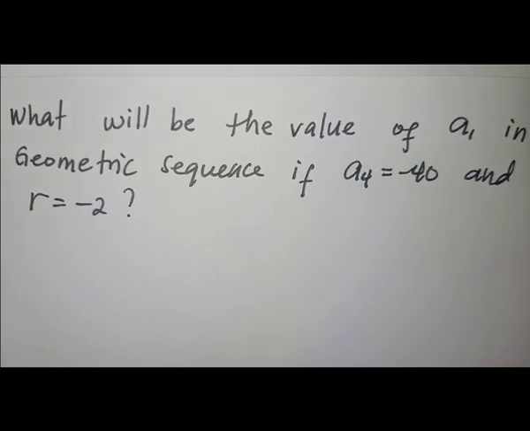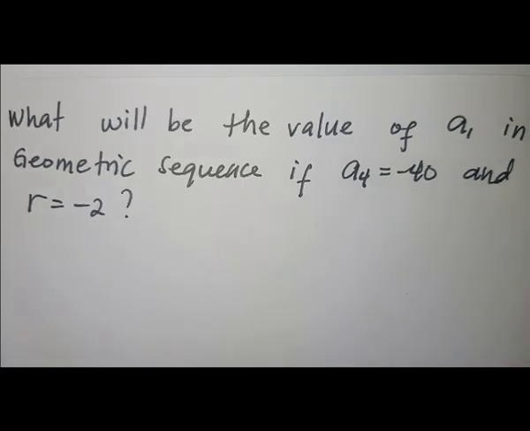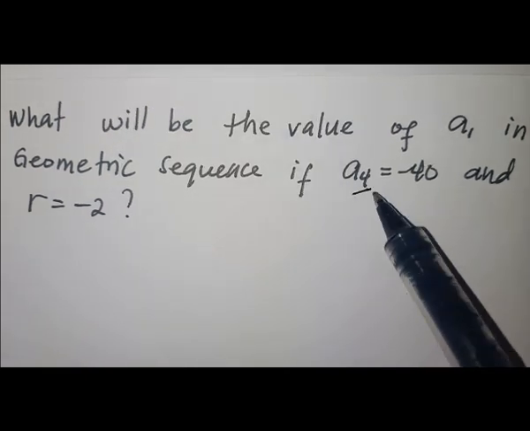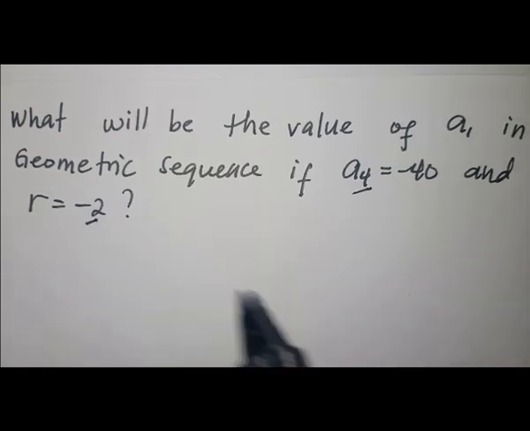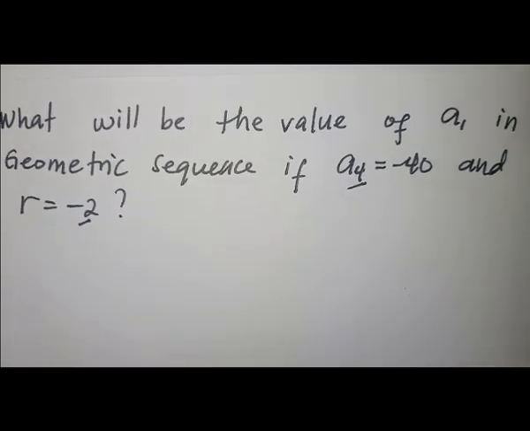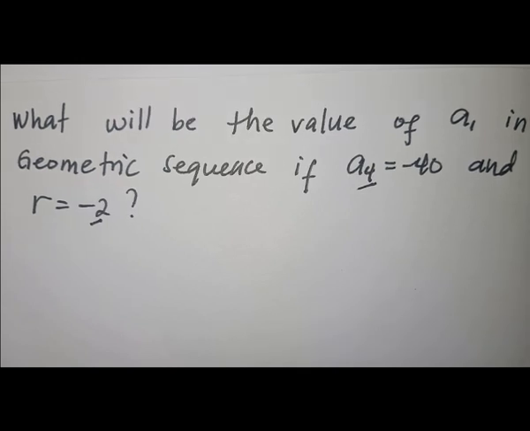Okay, so let us try to use this example. What will be the value of a sub 1 or the first term in geometric sequence if a sub 4 is negative 40 and its common ratio is negative 2? So, kung mapapansin natin dito, given lang sa atin dito yung a sub 4 na pwede natin i-consider as the last term at yung ating common ratio. Okay? So, paano yung gagawin nating process dito?